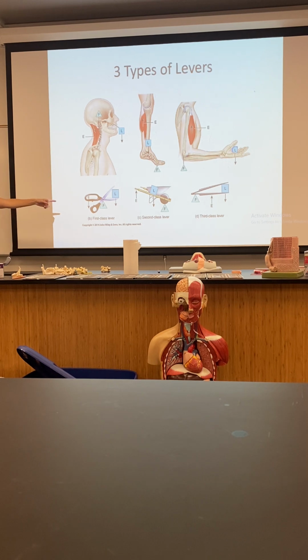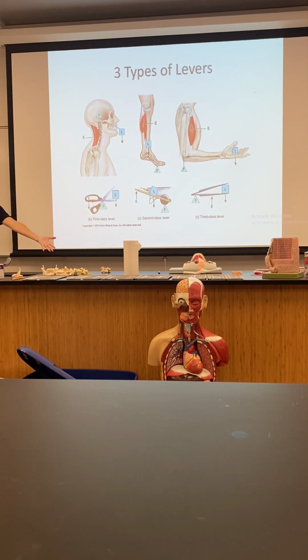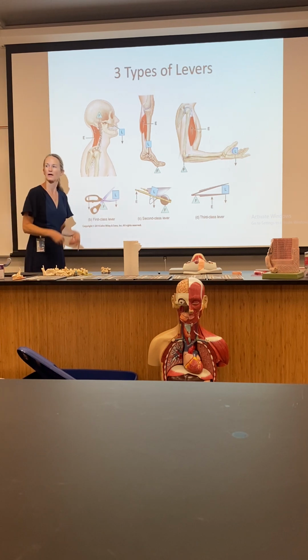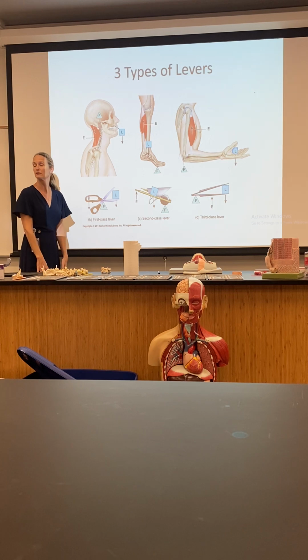A second-class example is where the fulcrum is at one end, the effort's at the other, with the load in the middle. The example here is the gastrocnemius muscle that you're looking at, down in the lower leg area. In this case, the load is the body weight coming down through the tibia bone, in the middle.